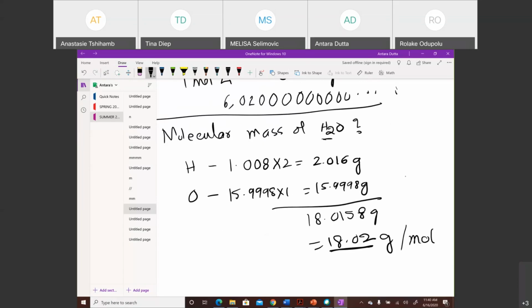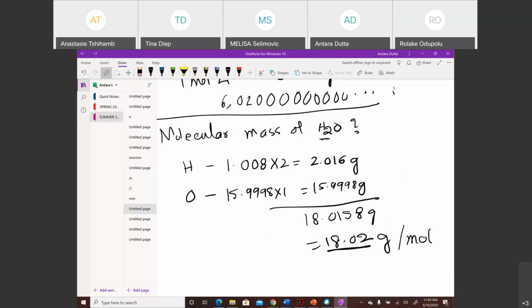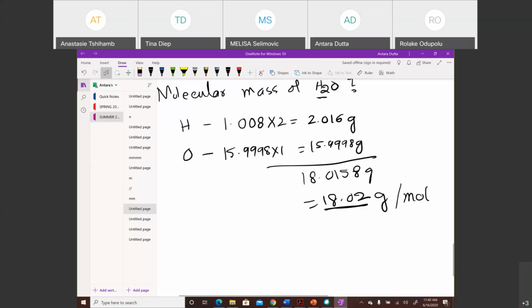So this is called molar mass or molecular mass. Two things, okay? We just learned what is mole. Mole means a big collection of particles. It is just another unit to define 6.02 times 10 to the 23 particles. And then finding the mass of that many particles. How do you know what the mass of each element is?